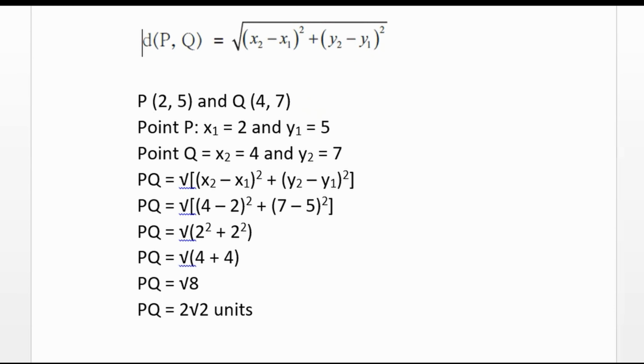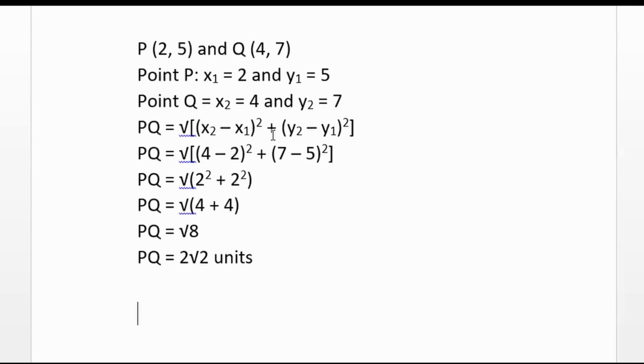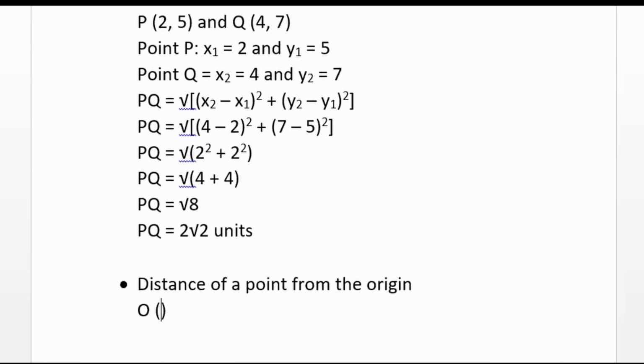Now with respect to this distance formula, there is a special case: the distance of a point from the origin. If you might recall, we denote the origin by the capital letter O and its coordinates are 0, 0.